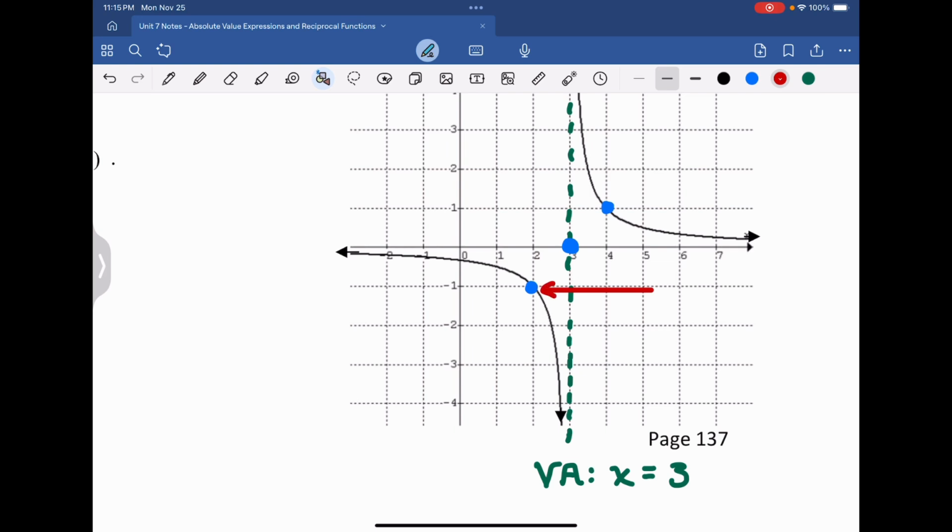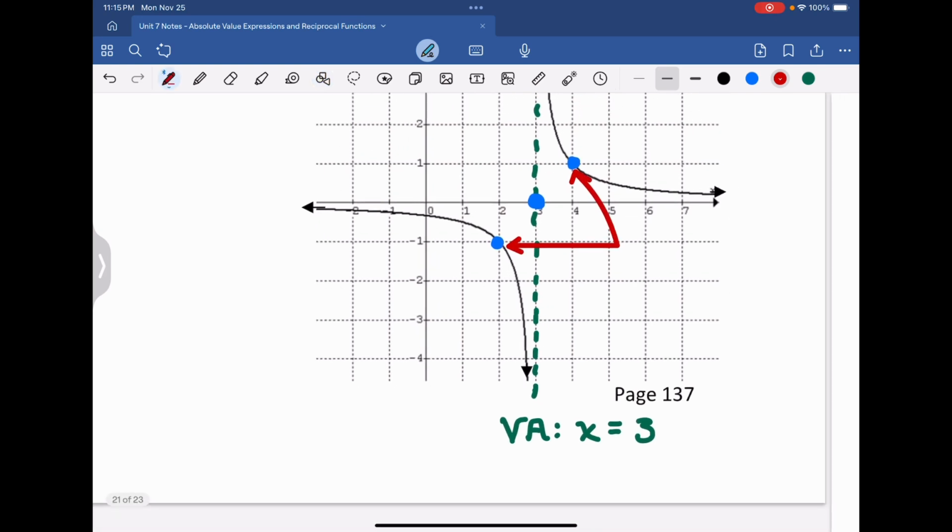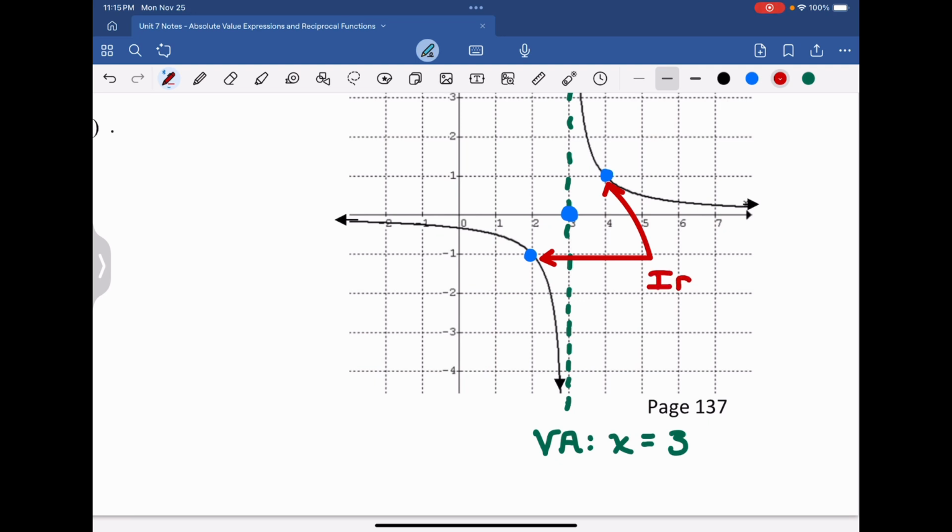So I'm going to put a dot here, a line to here, and make a note that these are the invariant points. More specifically, the invariant points occur when y is equal to +or -1 on that reciprocal graph.